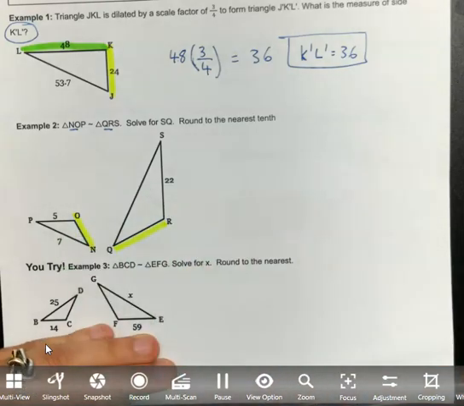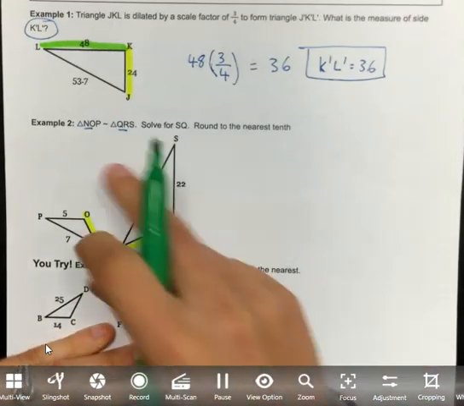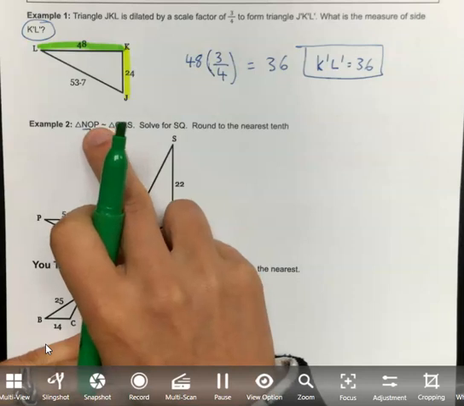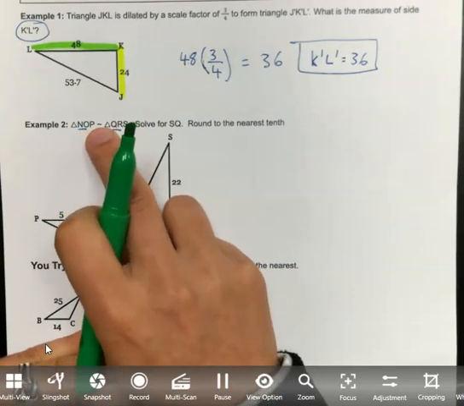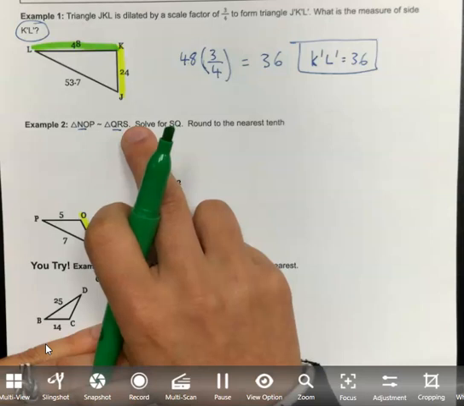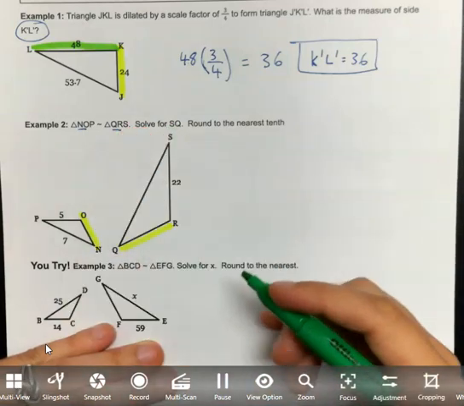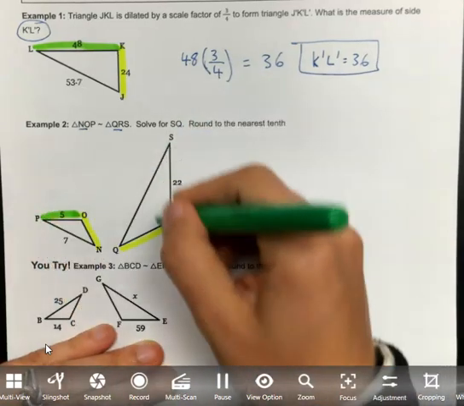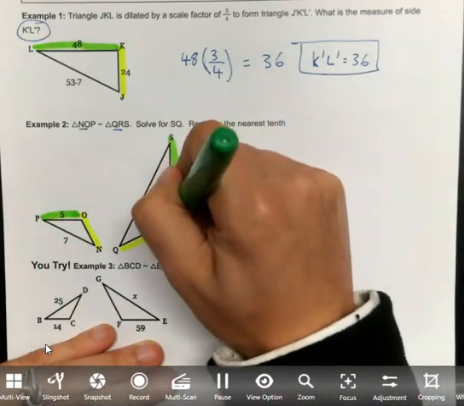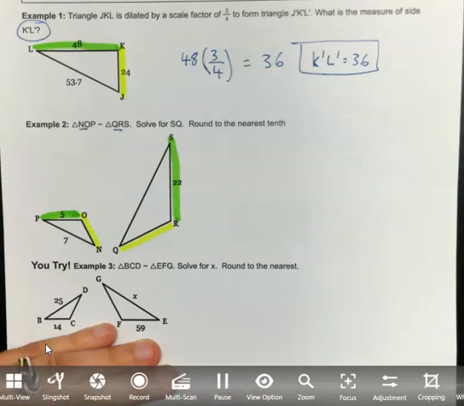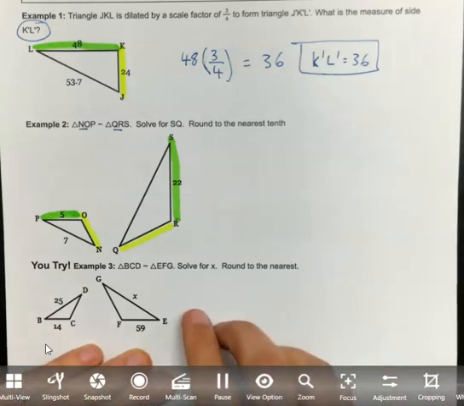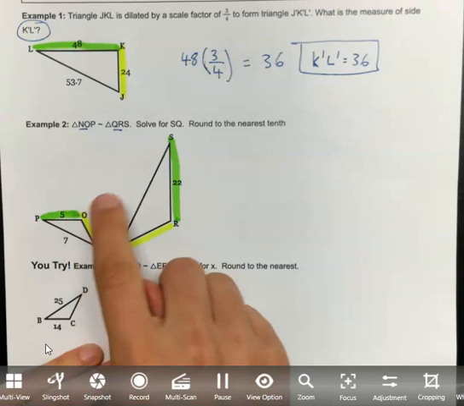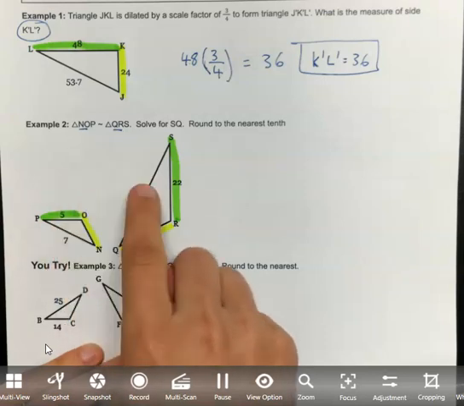Moving on, OP, looking at the second letter and last letter, goes with RS. I'm looking at the order of the letters. Those two go together, and then that means that these last two, the ones that don't have colors on them, also go together.